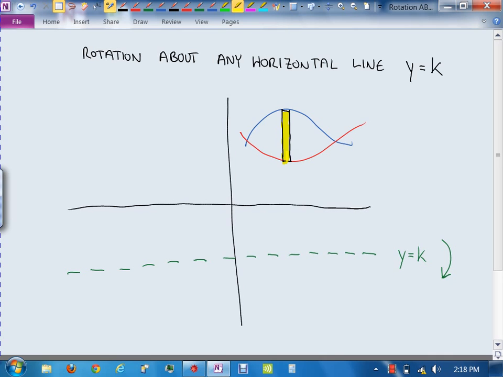We need to somehow add that to the total radius. Well, I'm not going to give you a general formula like that because k could be positive or negative. Instead, I want you to think of it visually. I want you to look at it as an outer distance and an inner distance.